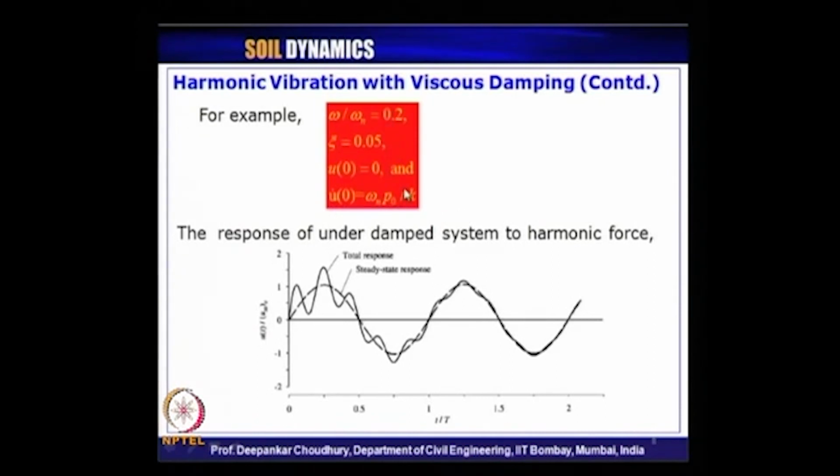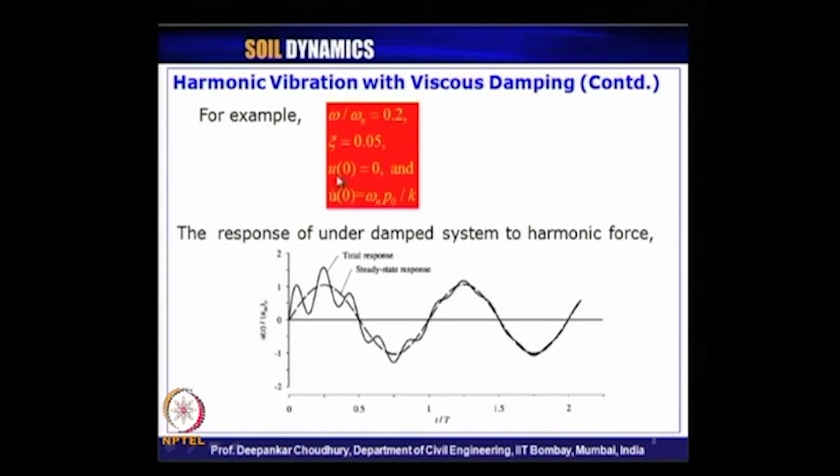For these values, a typical result is plotted here in non-dimensionalized form, that is u of t to the static u at initial time, with the x axis being time to the natural time period.